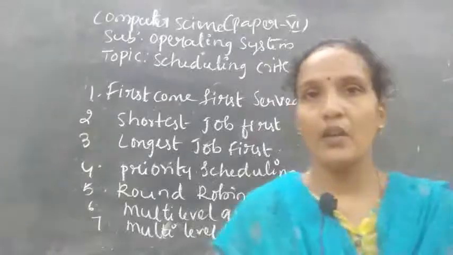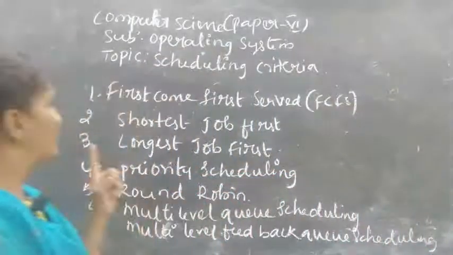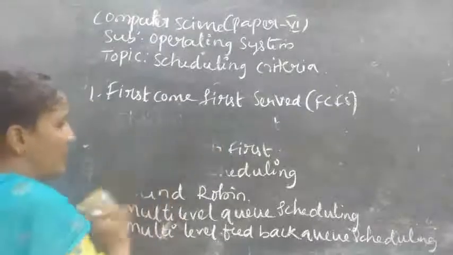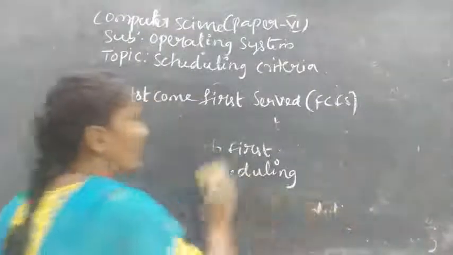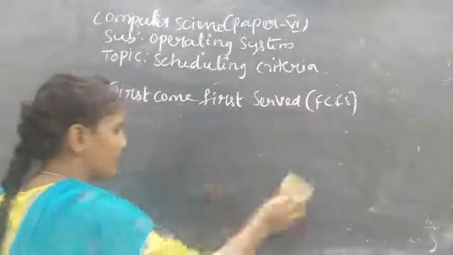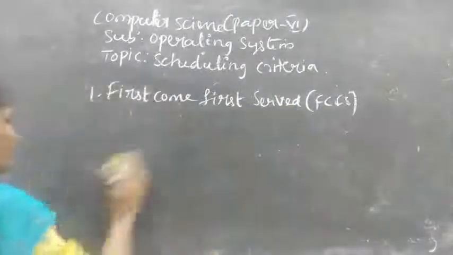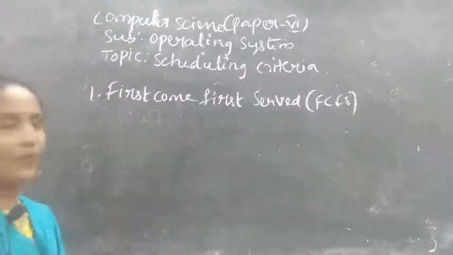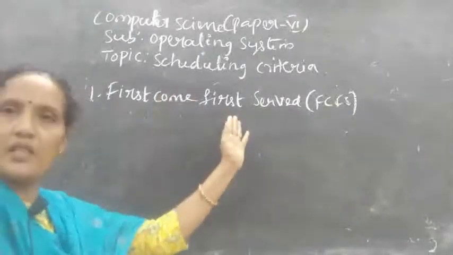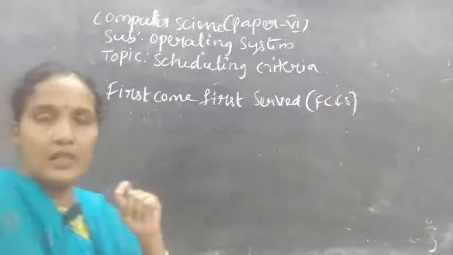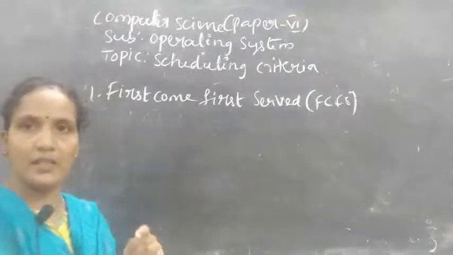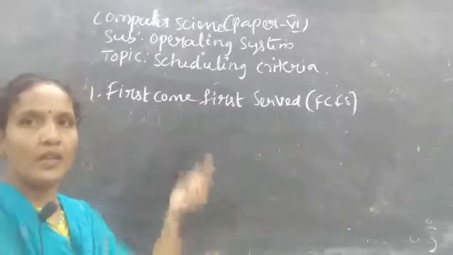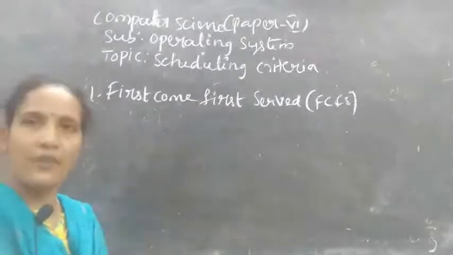Now we will discuss first come, first serve, the first algorithm. In the name itself, we have the definition. Whichever process arrives first in the queue will be served first.